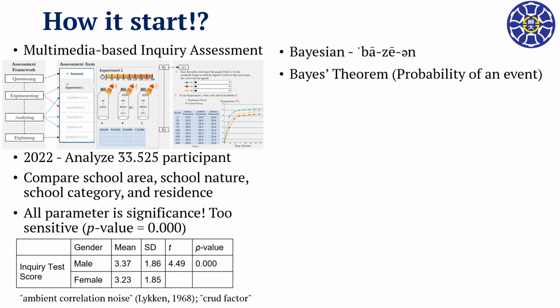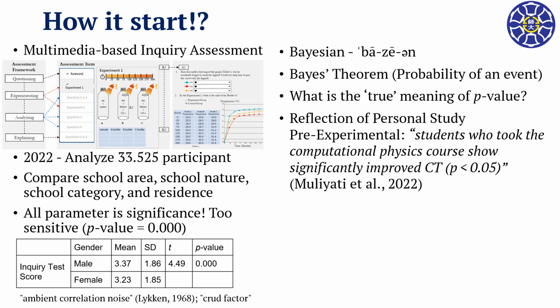That is the probability of an event, as simple as that. So what is the true meaning of the p-value? I asked myself, and we discussed with Professor Chang what the true meaning of the p-value is. It turned out different from our belief about the p-value.